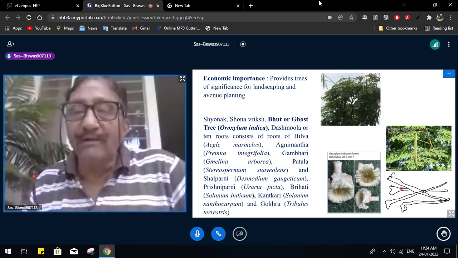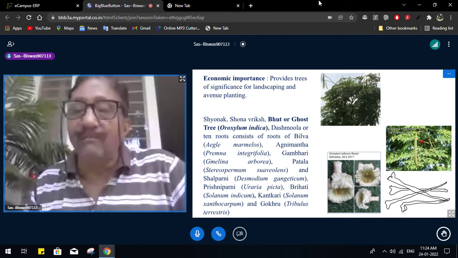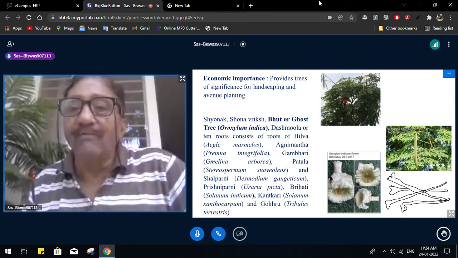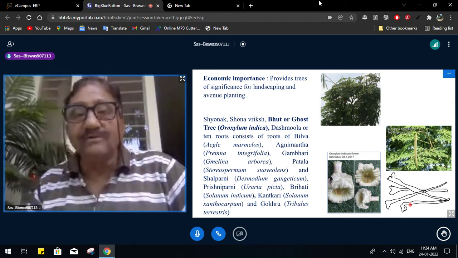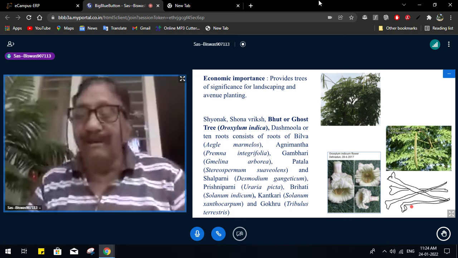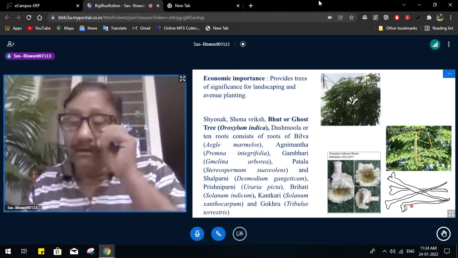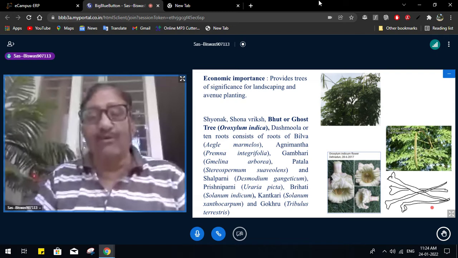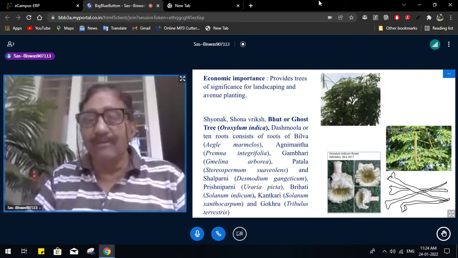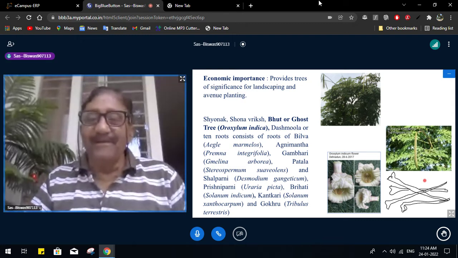When this common petiole falls off from this, look at this, and when the leaves have fallen off, this looks like the bones of the legs. And that is why it is referred to as the bhoot or broken bone tree, or Oroxylum indicum. And this looks like this.